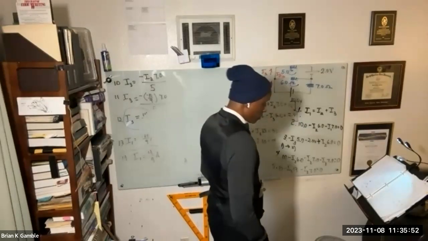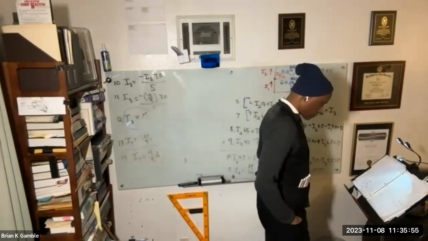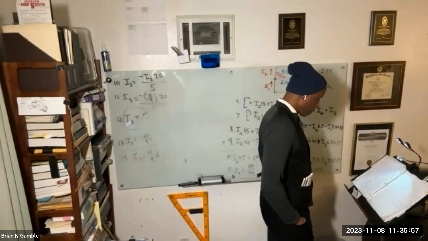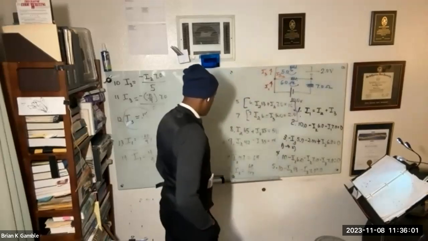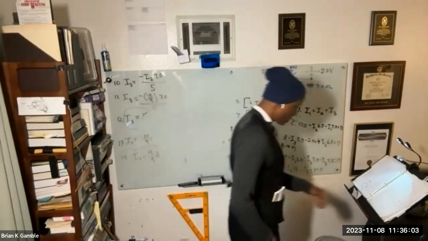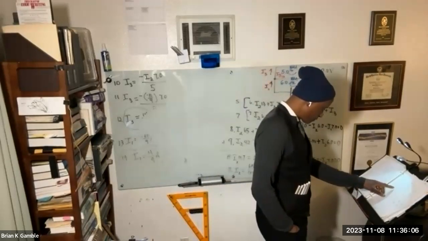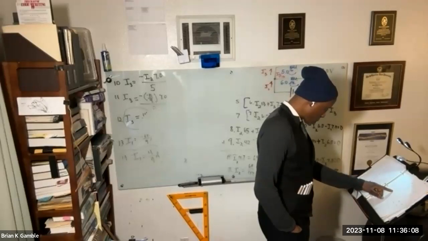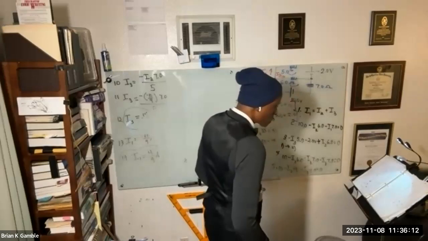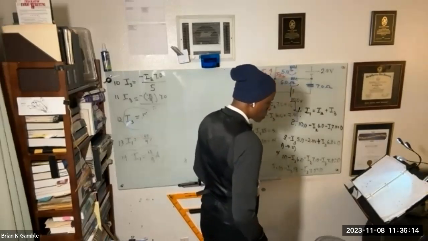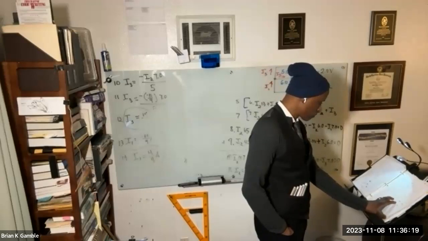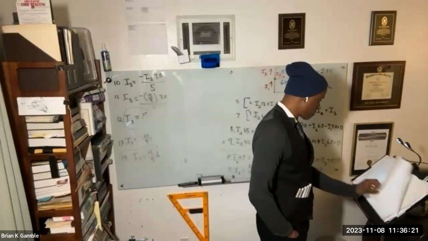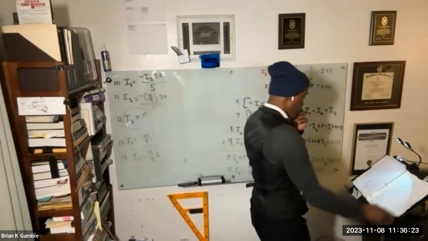Maybe I had it wrong in my notes. I don't see a mistake here, and I don't have all the details in my notes. Yeah, so I'm going to keep rolling with that.